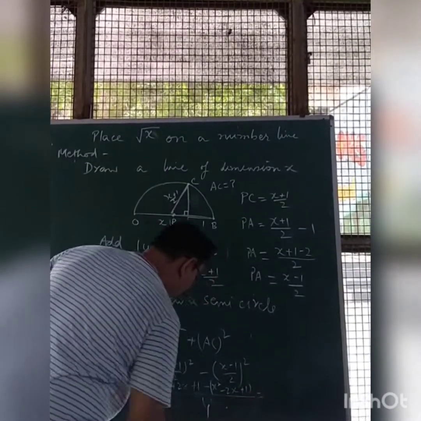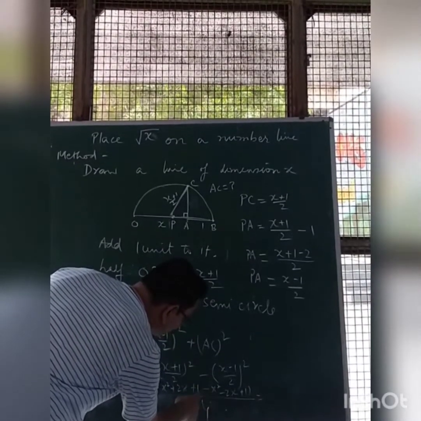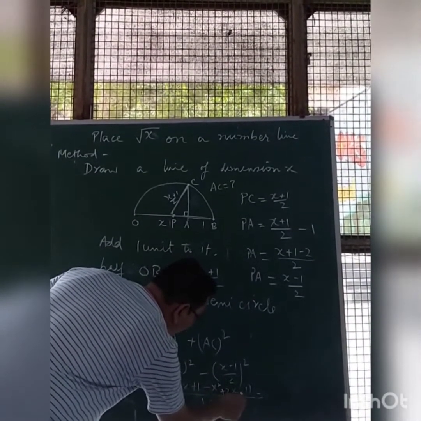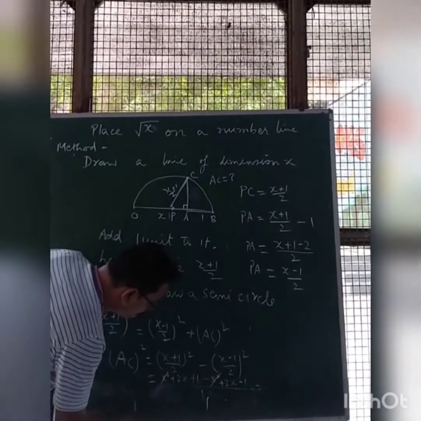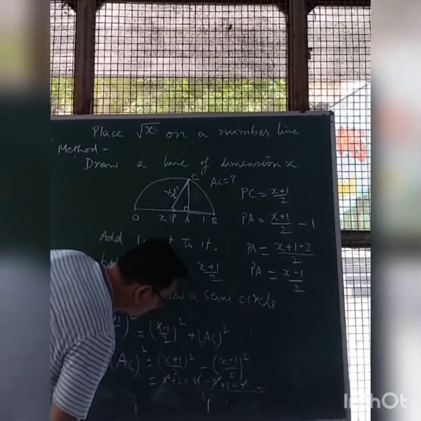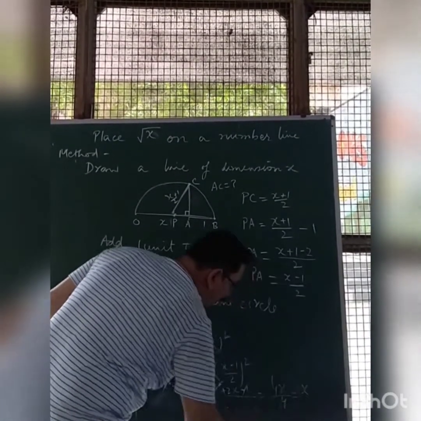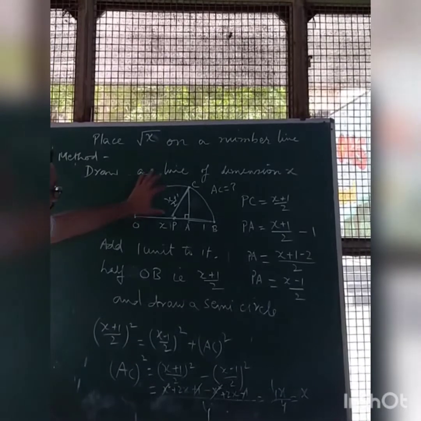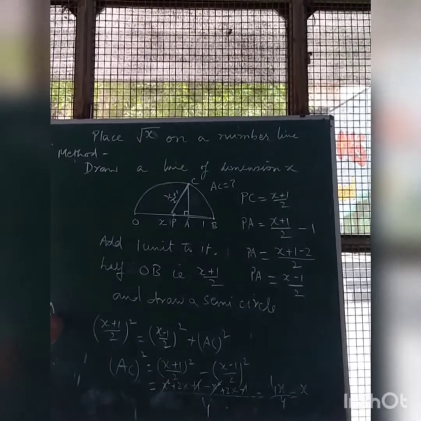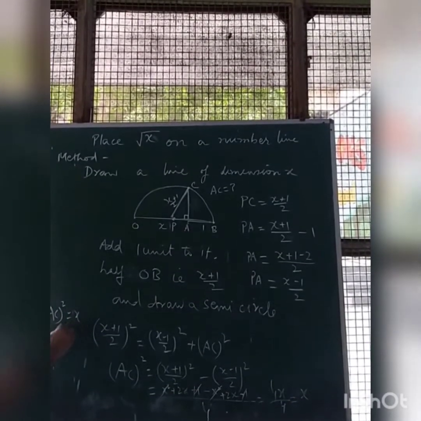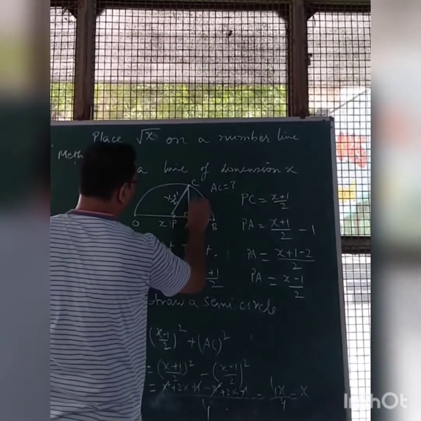If we take the bracket out, it becomes plus, it becomes minus, and x square is cancelled out by x square, minus 1 is cancelled by plus 1, 2x plus 2x is equal to 4x upon 4 is equal to x. So AC square is equal to x, AC is equal to under root x. So this becomes under root x.